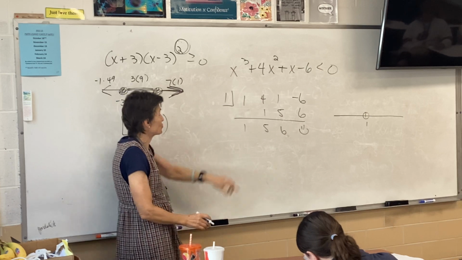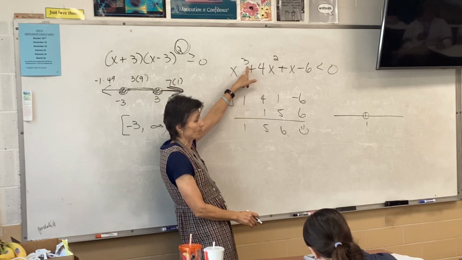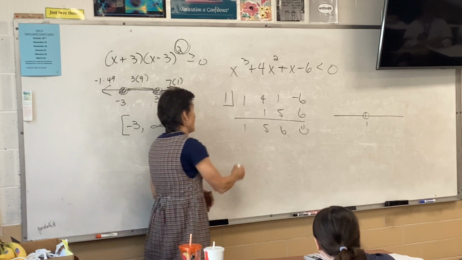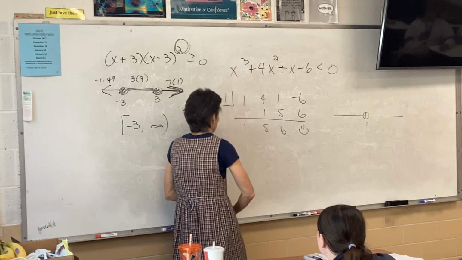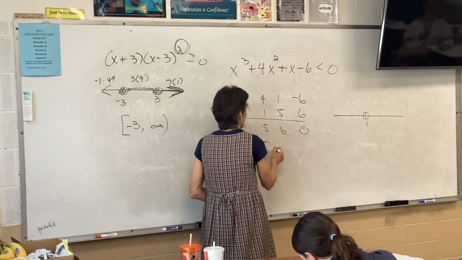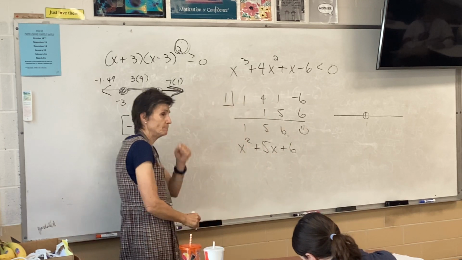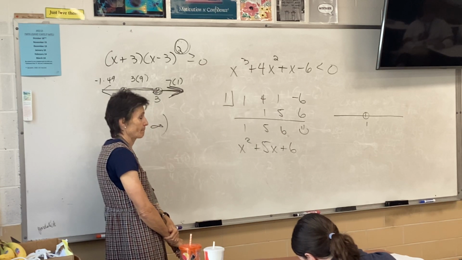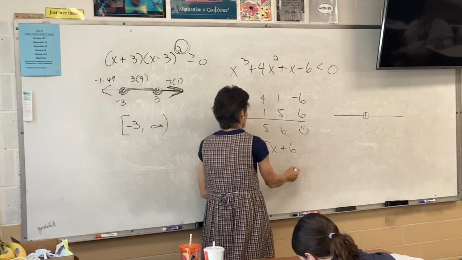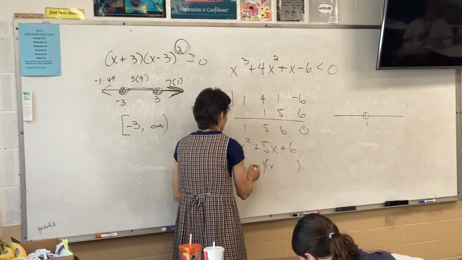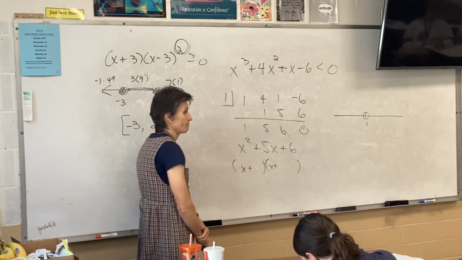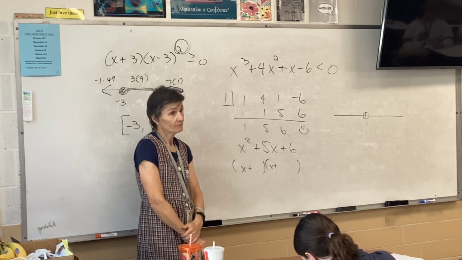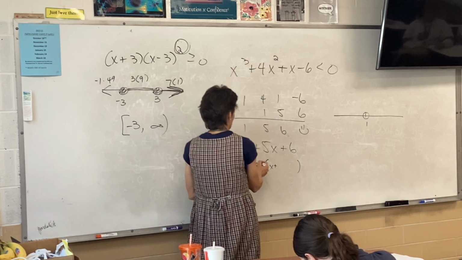Now, where are the other 2 dots coming from? This is a 3-dot problem, x cubed. Where are the other 2 coming from? Back to its left, x squared plus 5x plus 6. What do you think? They have to multiply to 6 and add up to 5. 2 and 3.